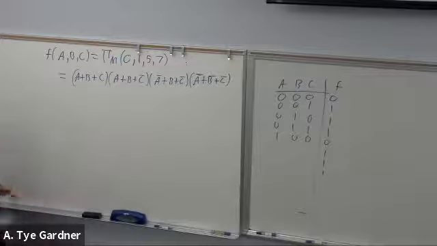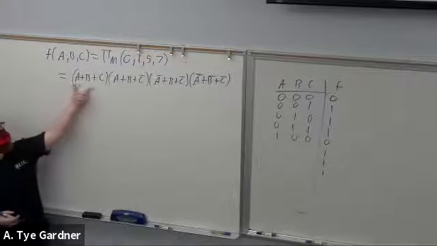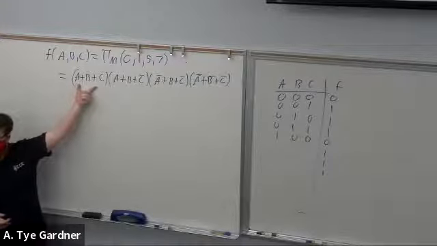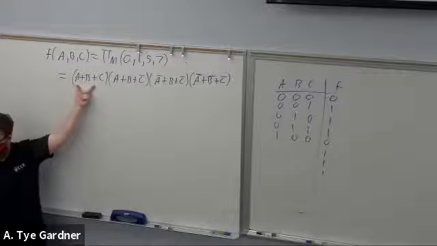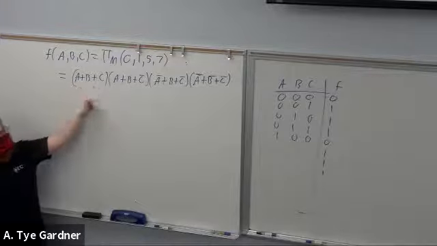Okay? So what you do in these types of questions, when you have this type of simplification, is you want to look for any two terms that have variables that differ by only one, right? We call that logic adjacency. It's the same principle that we use when we're using K-maps.